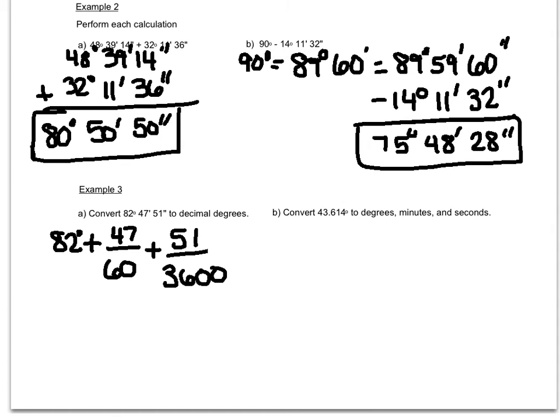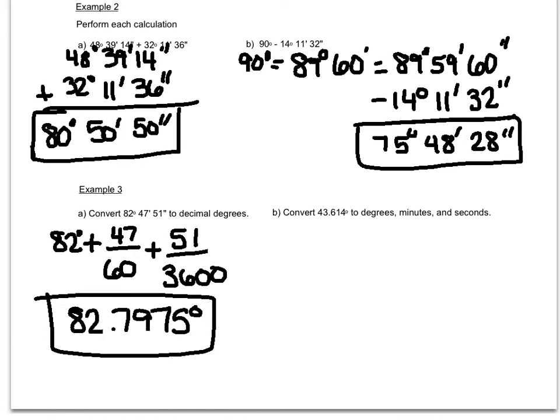And then we're going to want to use our calculator for this, and you can type that all into the calculator, and it will give you the decimal answer. And after typing it into the calculator, we see that it's 82.7975 degrees.